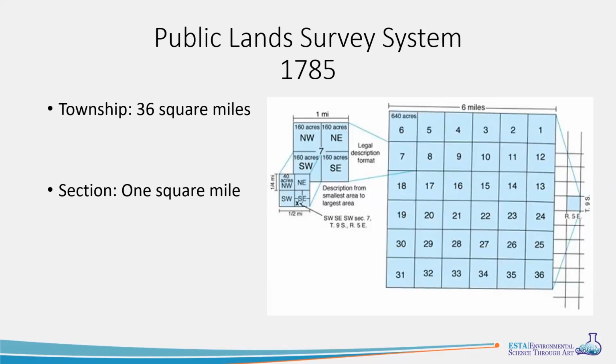Those 1-mile-square units were called sections, and then within the sections they were further divided into smaller units, usually defined by the number of acres. Typically a square mile has about 640 acres, and often those units would then be broken down further into 40-acre or 160-acre units.